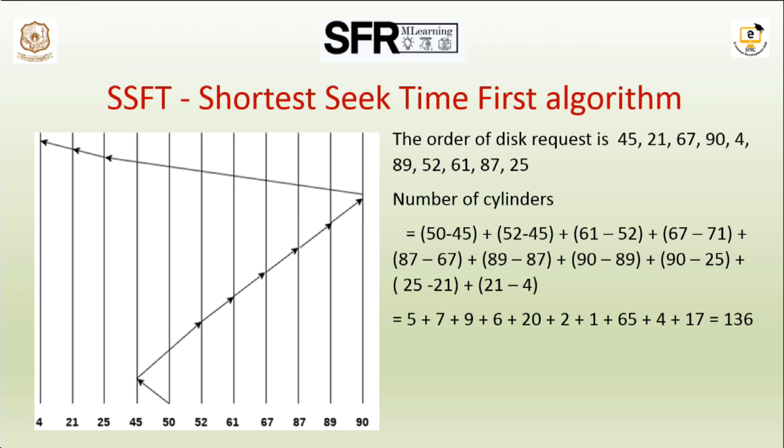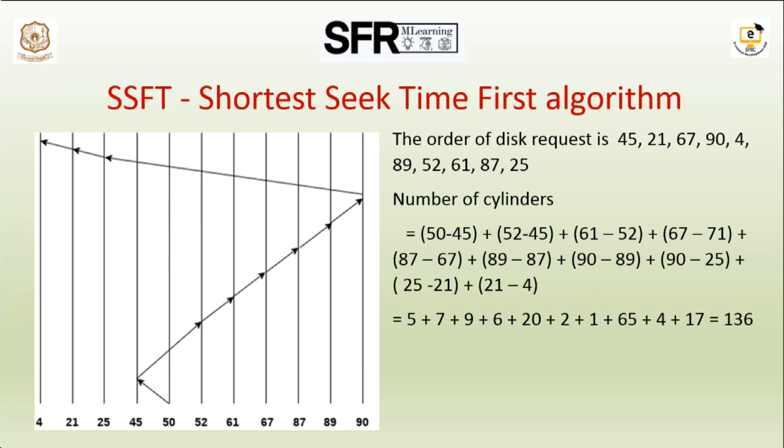In this example the arm position is 50. It accesses the first request 45, then moves to 52, then 61, and likewise.